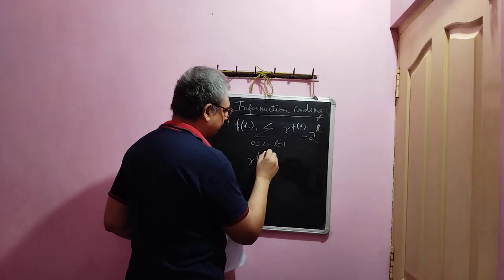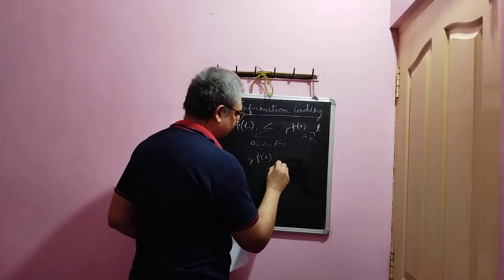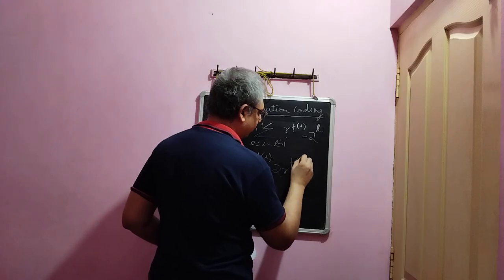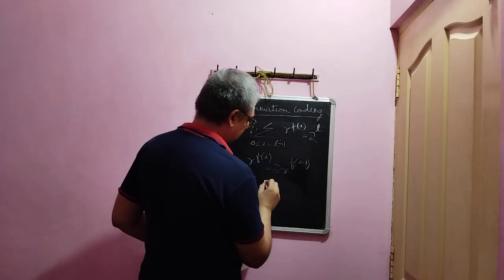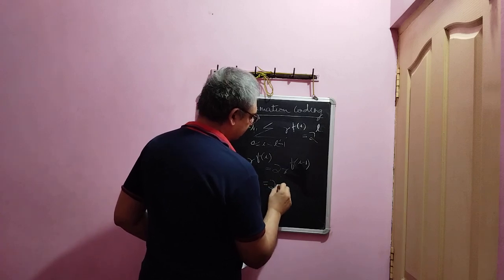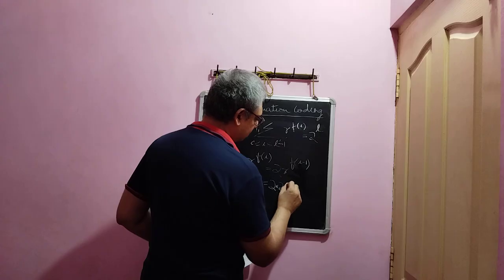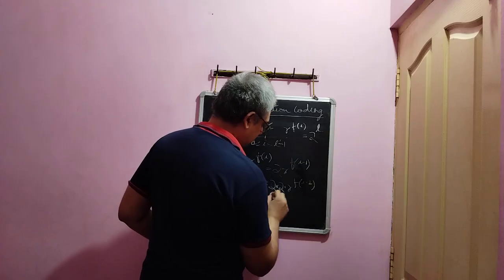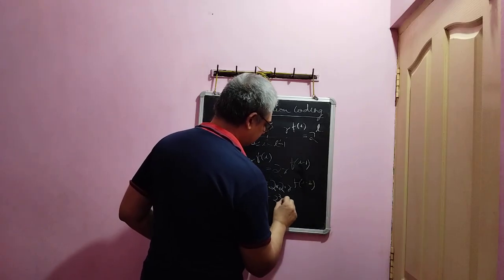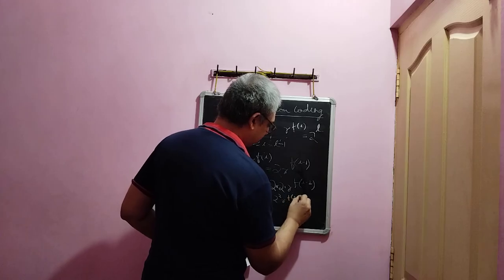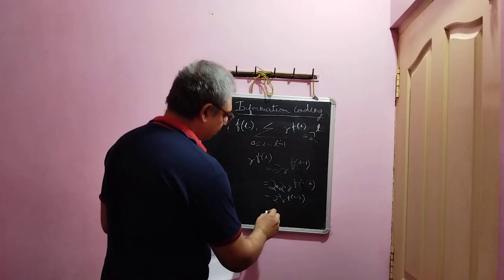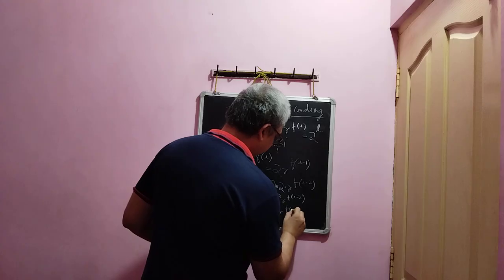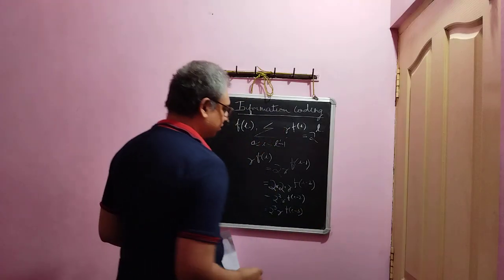So we require r power f of I is equal to 2 times r power f of I minus 1, and by the same token this is equal to 2 square times r power f of I minus 2, and so on, equal to 2 cube times r power f of I minus 3, and so on.